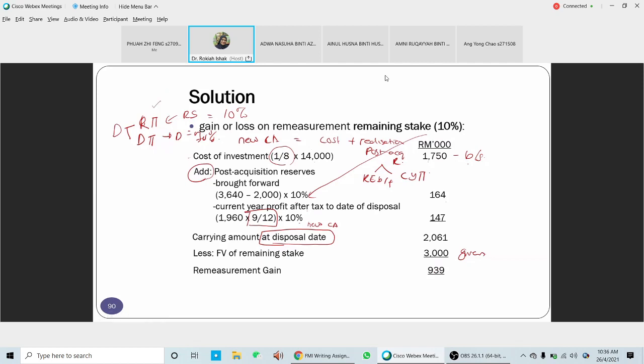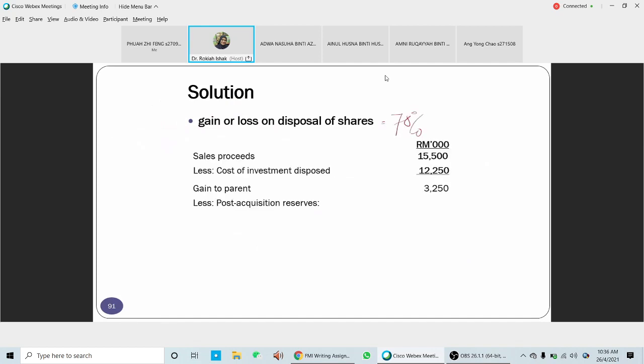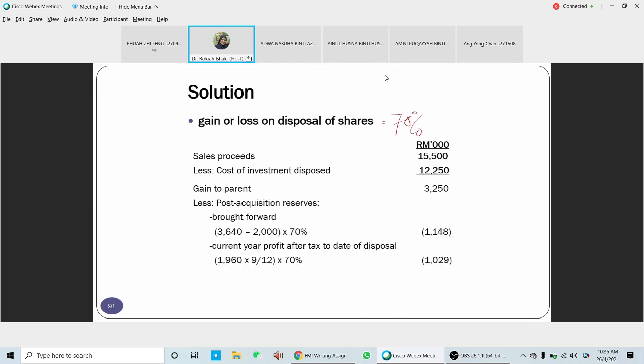The next one, we need to calculate the gain on disposal of that 70%. So the sales proceeds that we have here are 15, minus the cost of the investment 12250, or you can find this from your profit or loss account.